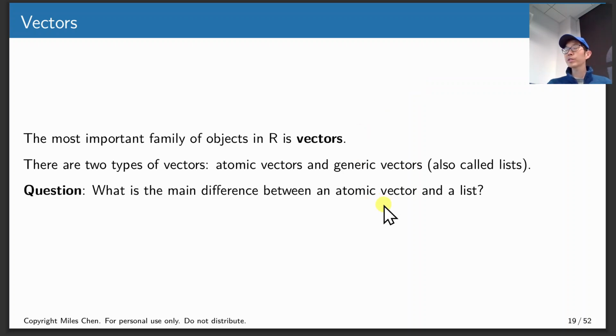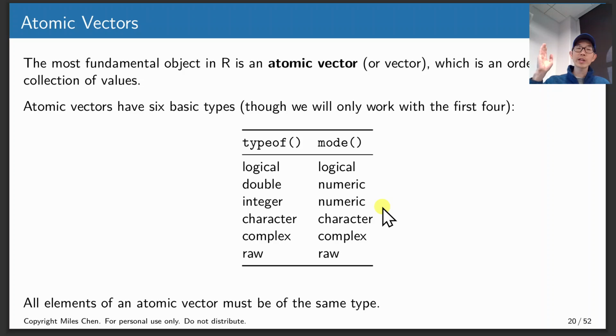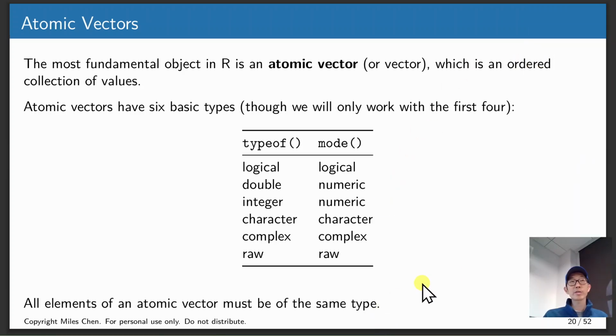The difference between an atomic vector and a list is that in an atomic vector, all of the elements must be of the same type, whereas in a list, you can have different types of data values, even other objects and other lists within a list. The overarching structure is still one-dimensional, but you can have other kinds of objects within the list.